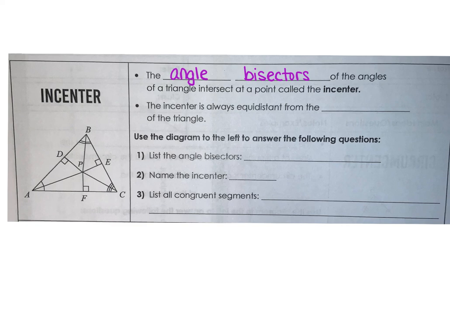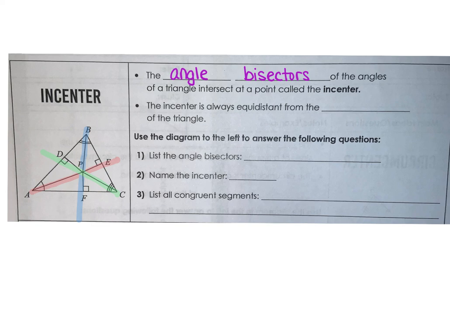If I were to cut each one of these angles in half and draw the line out from there, A to P cuts the angle A in half. B to P cuts the angle B in half. And C to P cuts the angle C in half. And those all intersect at one point, which is called the incenter.